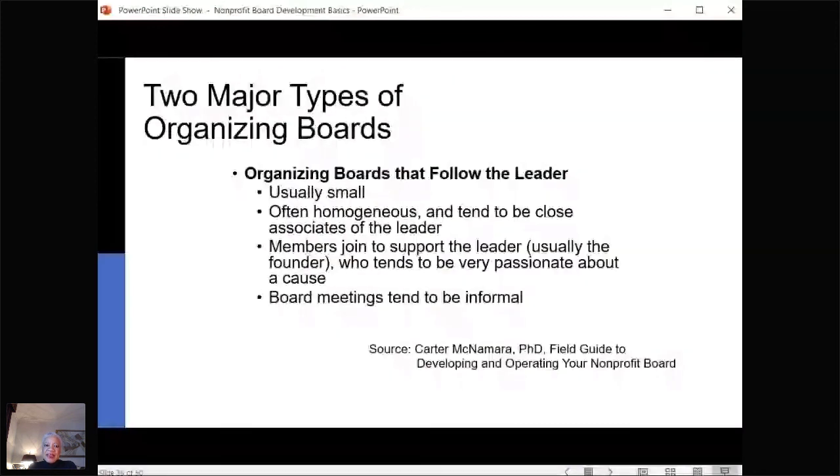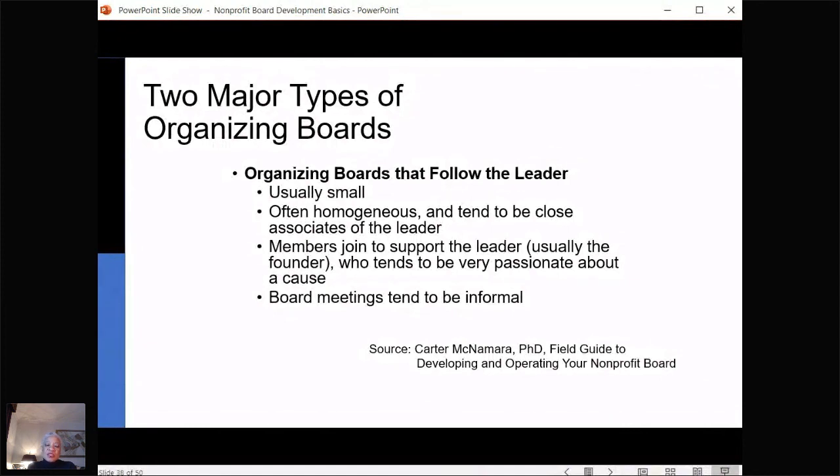And I might add that when you start that first board, have in mind which offices you want those people to serve. Then we have two major types of organizing boards. We have the organizing boards that follow the leader.